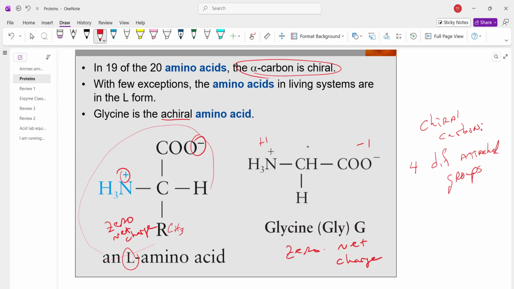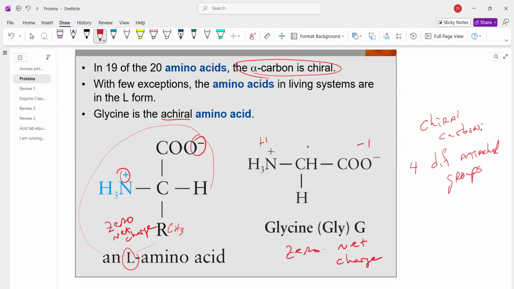This C here would be chiral because we have four different groups attached to that carbon. So that means it's D and L. D and L comes from chiral carbons.